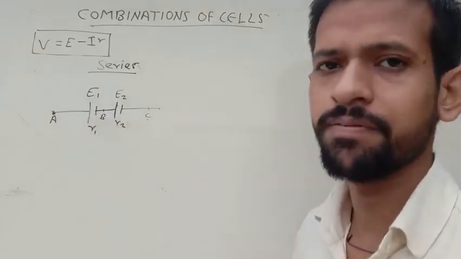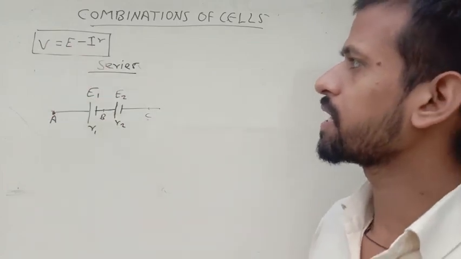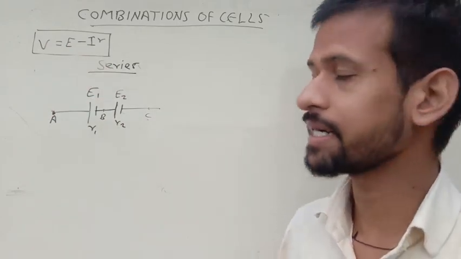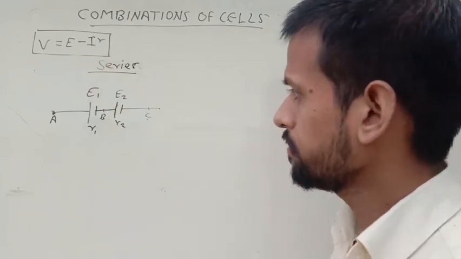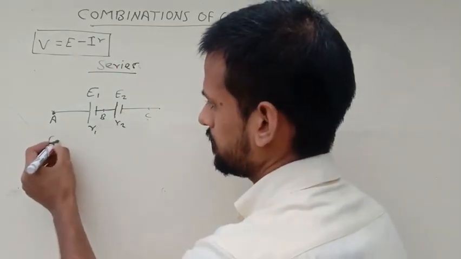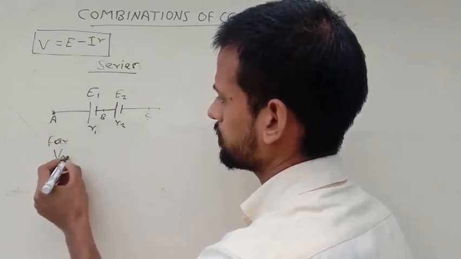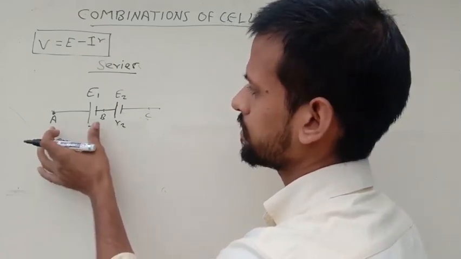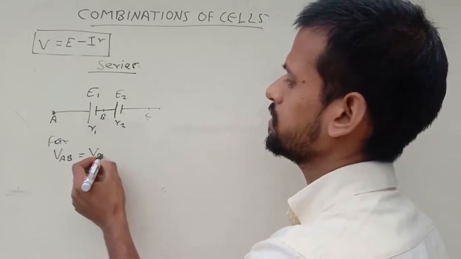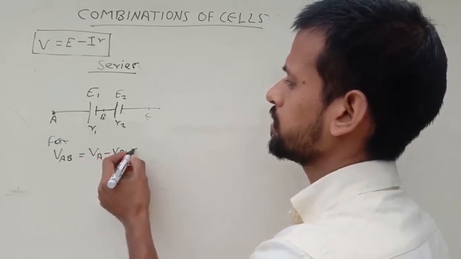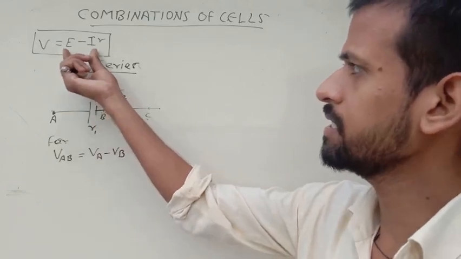In our previous video we saw that V is equal to EMF minus I, the current, into the internal resistance. So for AB, the potential difference across AB, basically VA minus VB, is E minus IR.